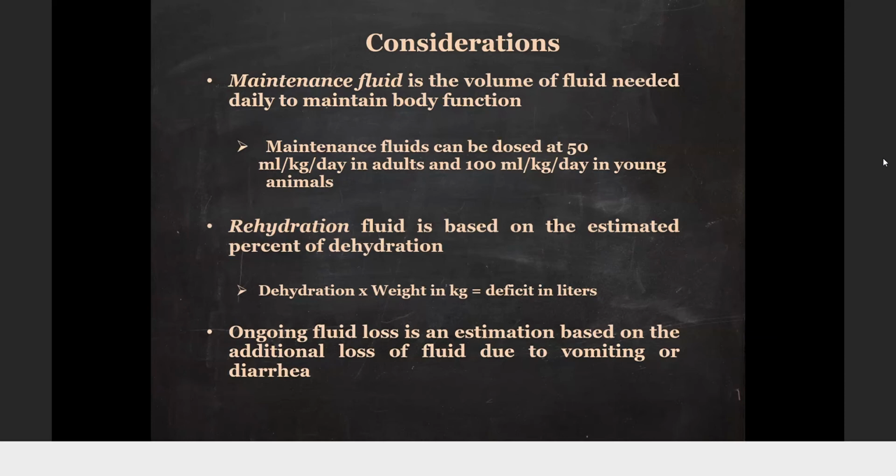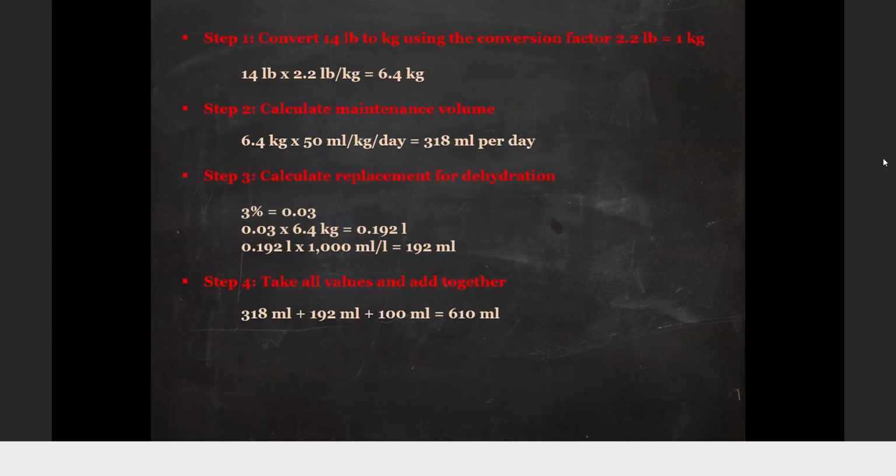So the rehydration fluid is based on the estimated percent of dehydration. You multiply the dehydration percent with the weight in kilograms, and you get the deficit in liters. The ongoing fluid loss is an estimation based on the additional loss of fluid due to vomiting or diarrhea. In that case, the animal had 100 ml.